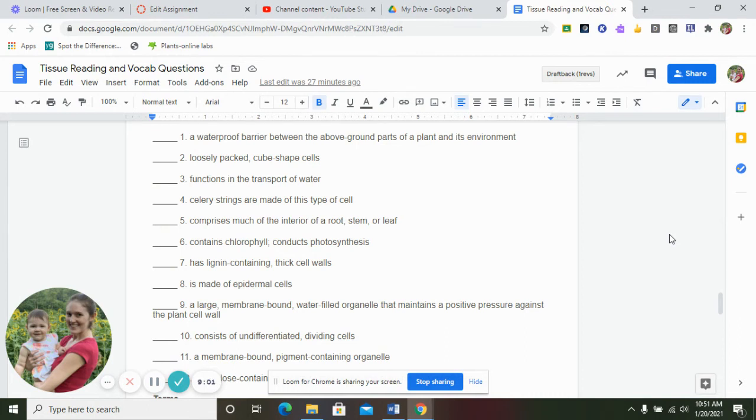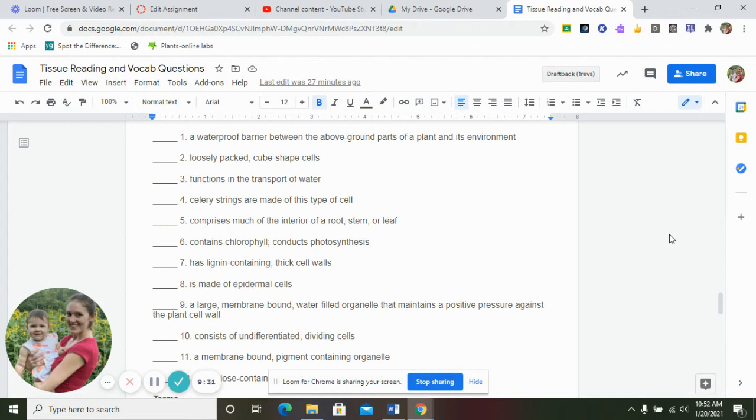Ciliary strings are made up of this type of cell. That is going to be E, the collenchyma. Comprises much of the interior of a root, stem, or leaf. That is going to be I believe G, the dermal tissue. Wait, no, that's K. Sorry. K is sclerenchyma.